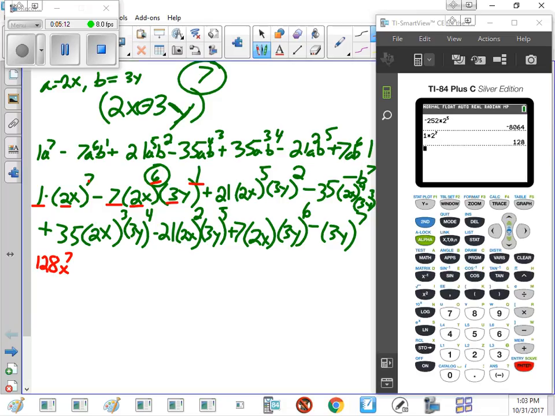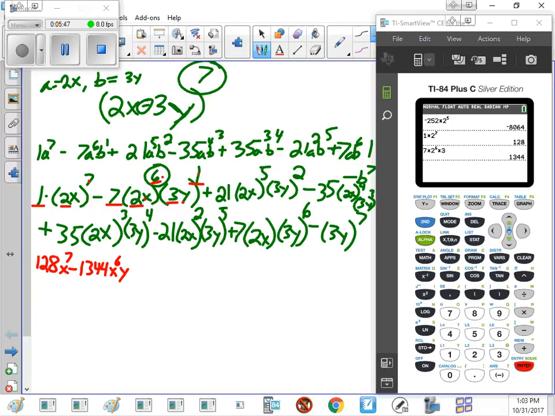And I ignored the negative. I would just leave the negative out of your calculator because you know it's going to be minus. So I type in 7 times 2 to the 6th times 3 to the 1st. So 1344. Then what? It's x to the 6th and y to the 1st. So x to the 6th, y. Does everybody understand that? Okay.